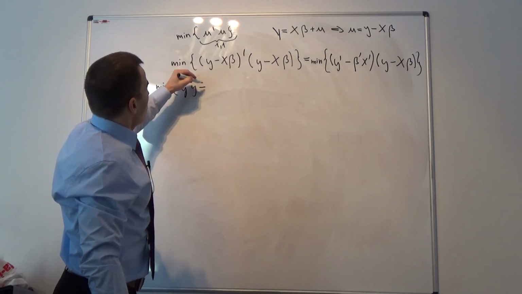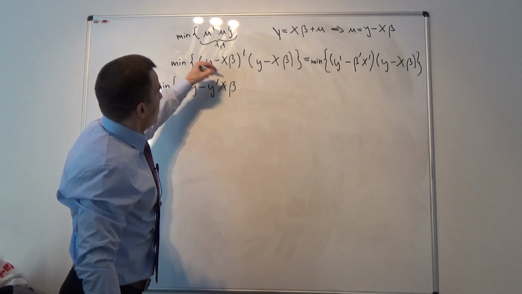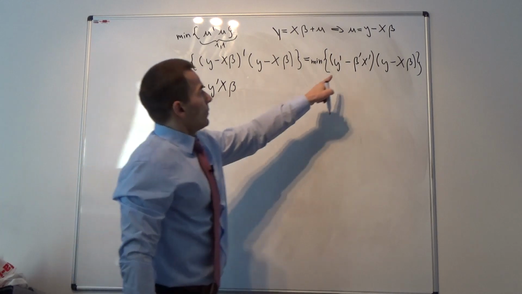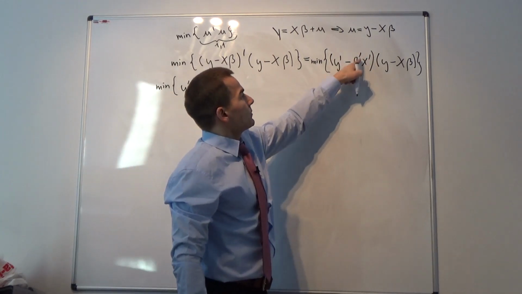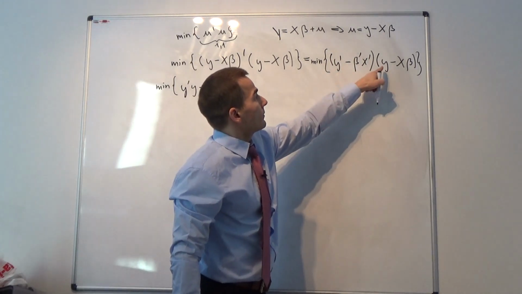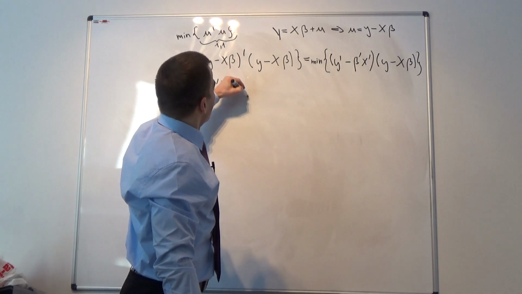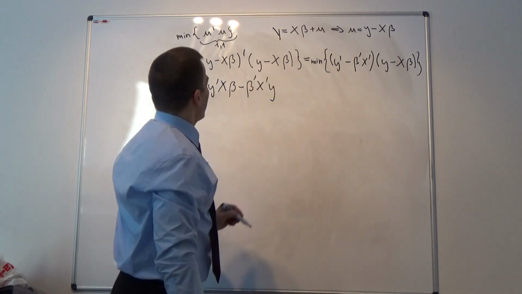So it's minus y transposed x times beta. Next we take the second term in the first parenthesis, which is minus beta transposed x transposed times our vector y. So minus beta transposed x transposed times y.